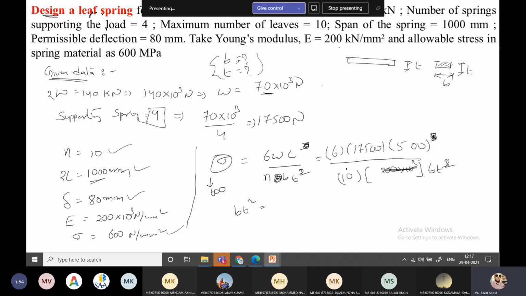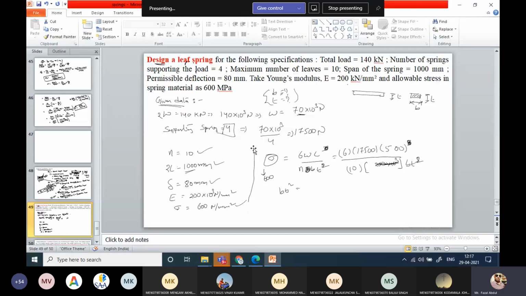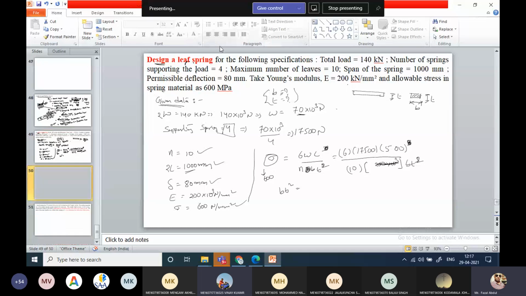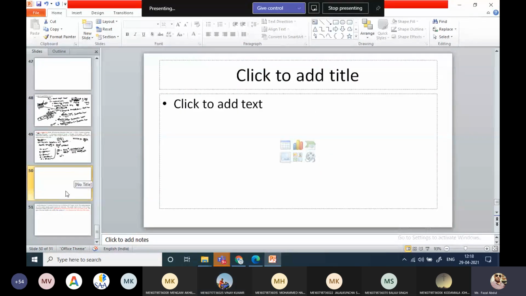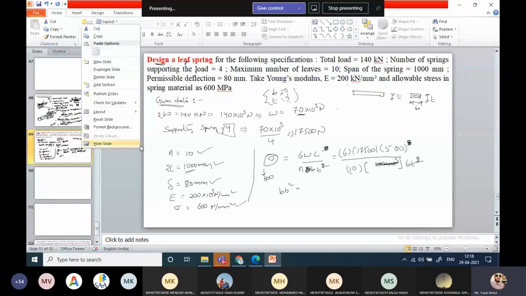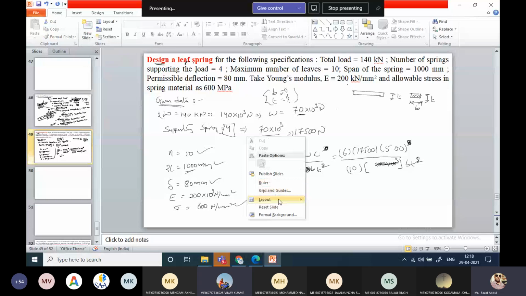How much is BT square, because BT square we don't know? 8750.